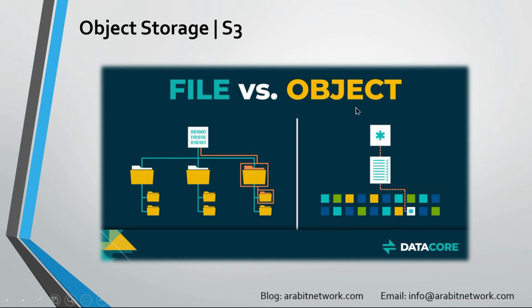And again, object storage has no limitation when it comes to the storage capacity. The more physical storage you add, the bigger or larger it becomes. It will add more capacity for you, so it's endless. It has no limitations when it comes to the storage capacity.